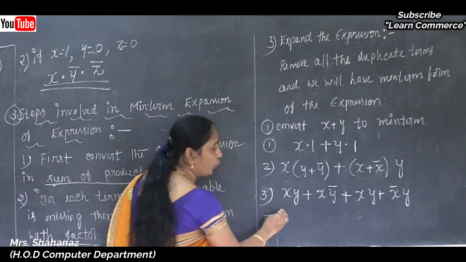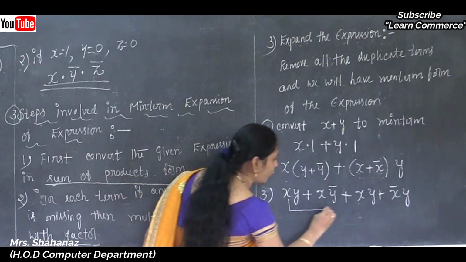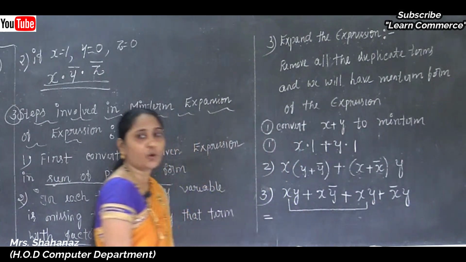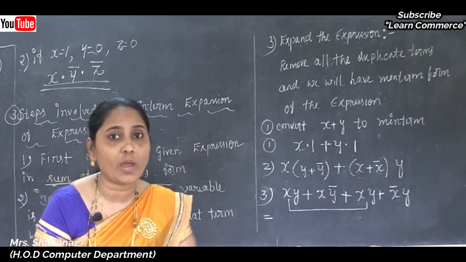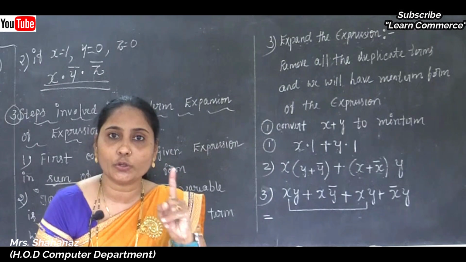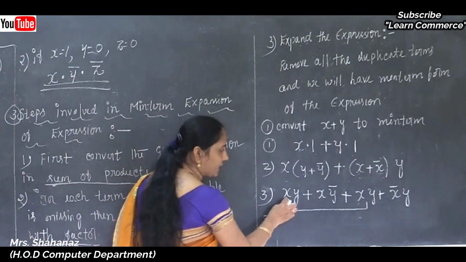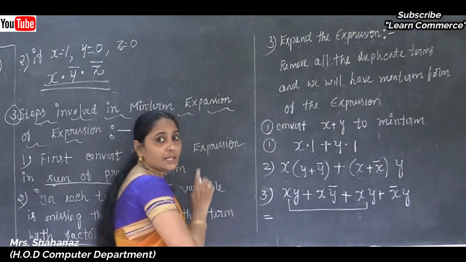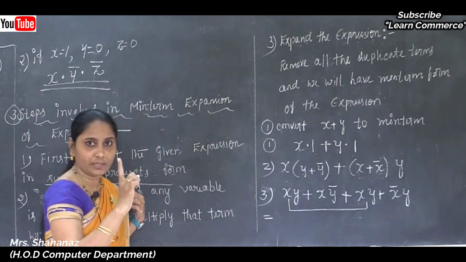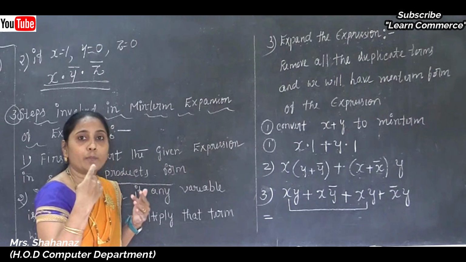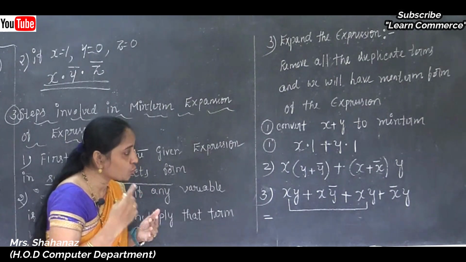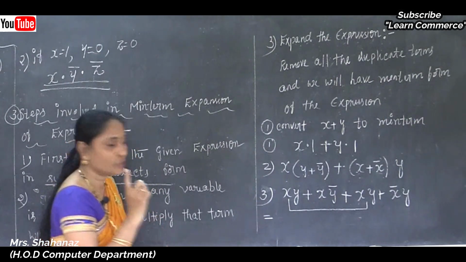Now if any duplicate terms are there, we need to remove them and write them once. Clear this point here? We are not going to keep every duplicate term, we need to use it one time. Should remember it. So now xy is there two times, that means I am going to write it once.